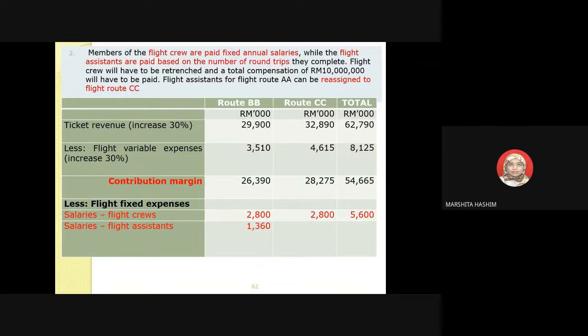Okay, for flight assistant, route B you just copy from your question paper, but then route C, you add value from route A. Flight assistant for route A is 1005.